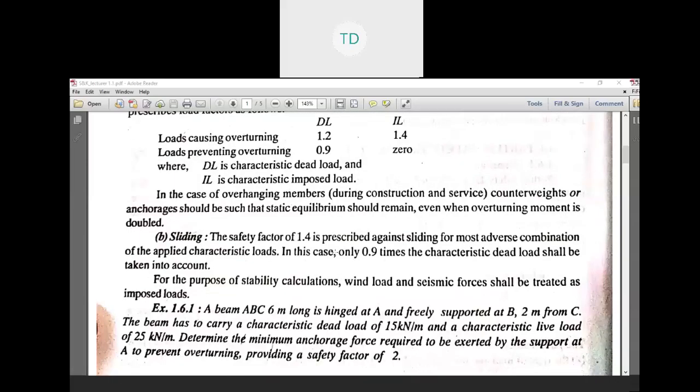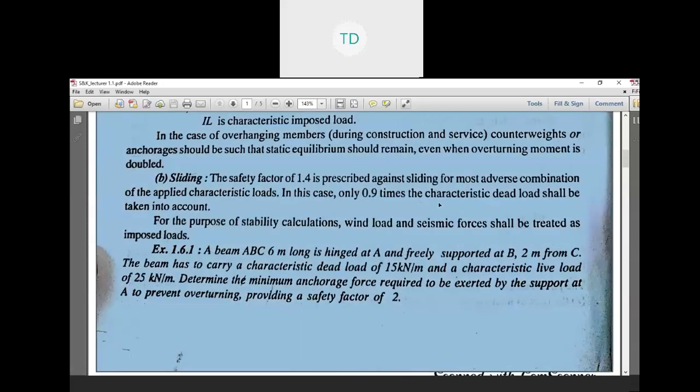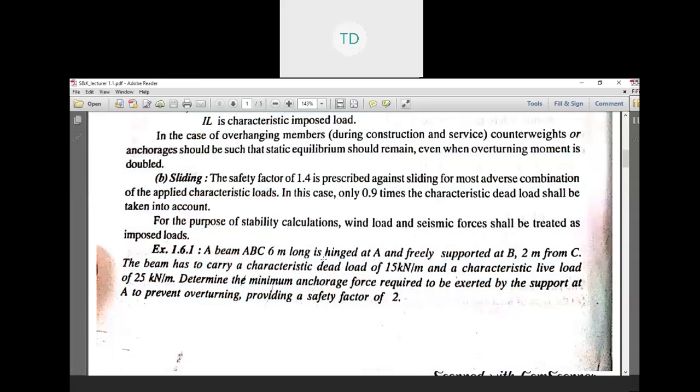A safety factor of 1.4 is prescribed against sliding for the most adverse combination of the applied characteristic load. In this case, only 0.9 times the characteristic dead load shall be taken into account.